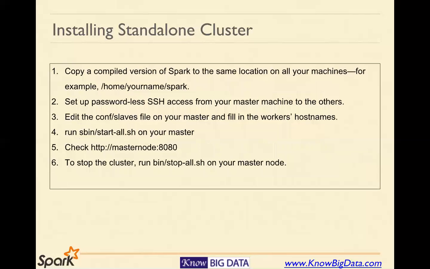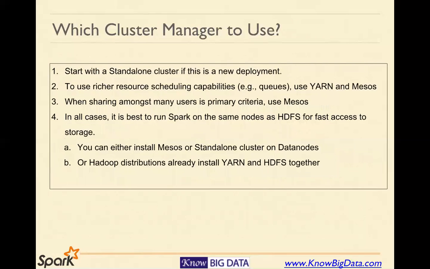Similar is the case with Apache Mesos and with a standalone cluster. In the case of a standalone cluster, you first have to do the entire installation of Spark on all the nodes and get it executed. Now, a bigger question that we generally need to answer is: which cluster manager do we use?